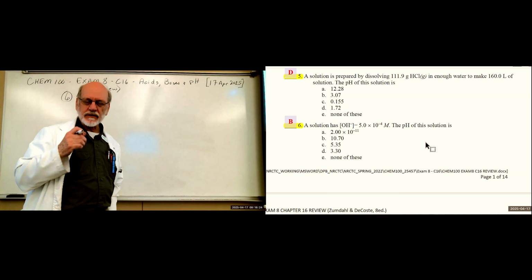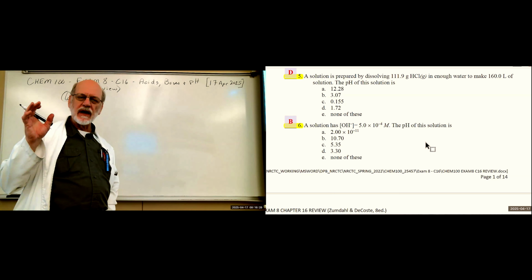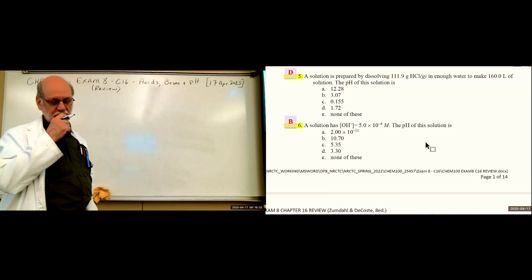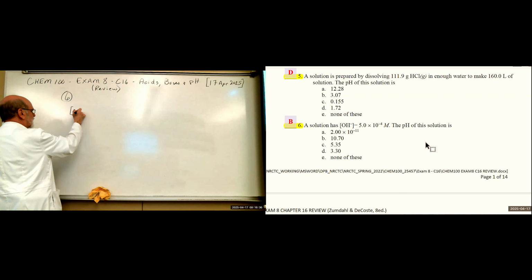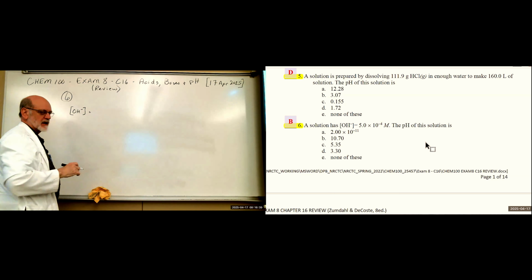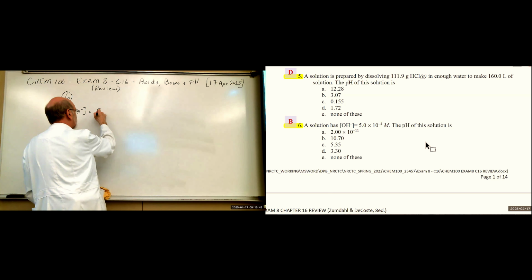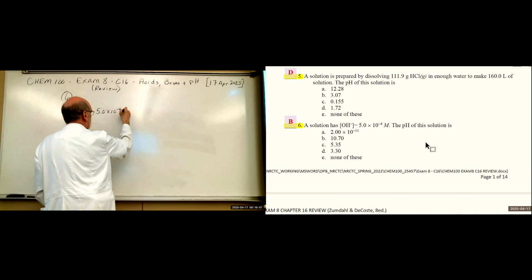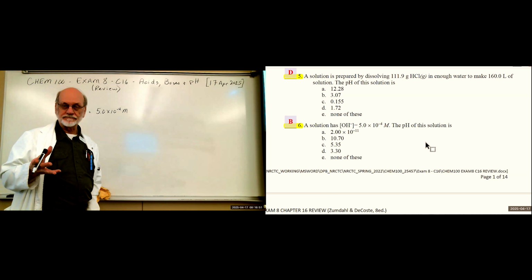A solution has hydroxide ion concentration at equilibrium of 5 times 10 to the minus 4th molar. The pH of this solution is. All right. So we're given the equilibrium concentration of hydroxide ions as 5 times 10 to the minus 4 molar. You have two options here.